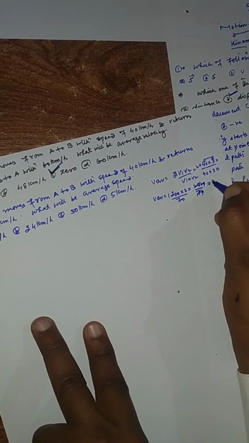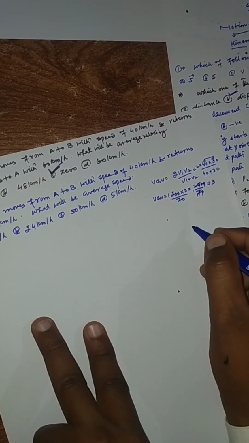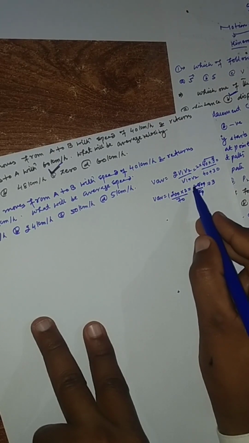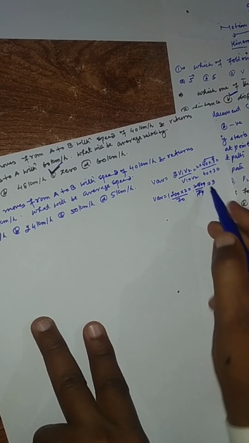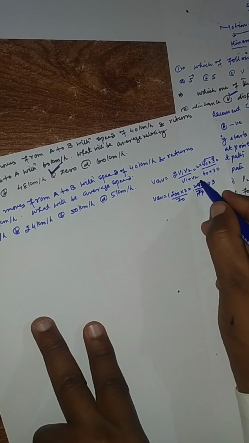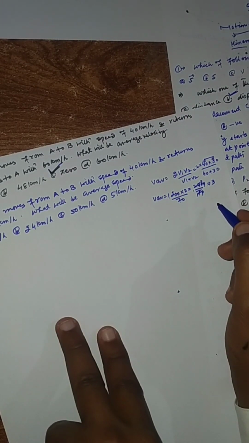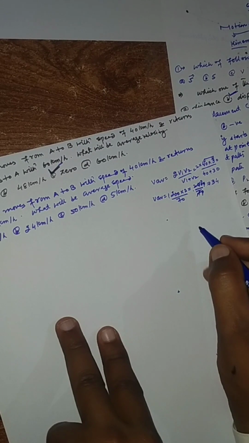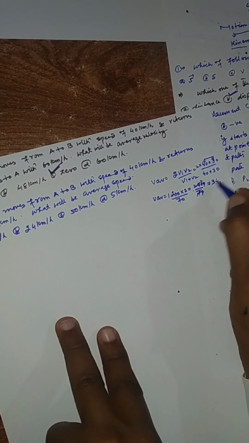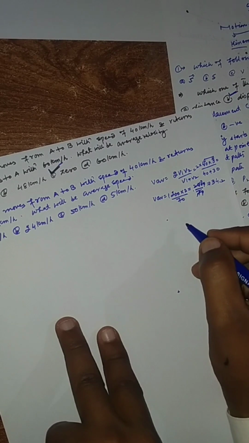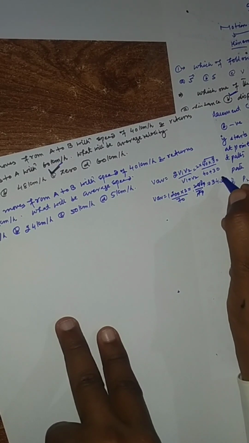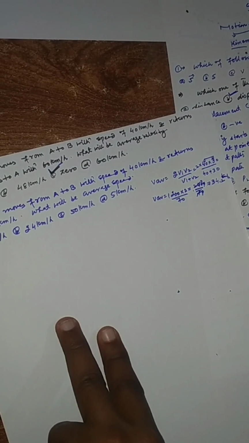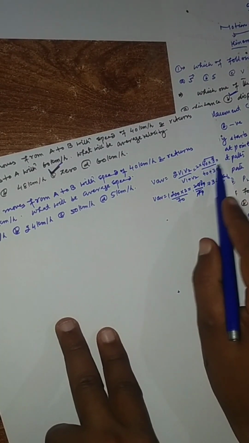So this will be 34.2 km/h. Again we see 40 into 30.